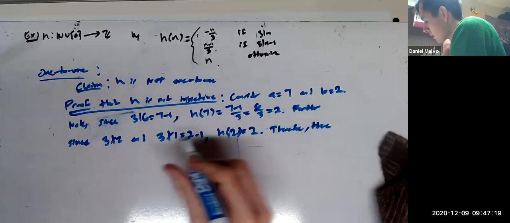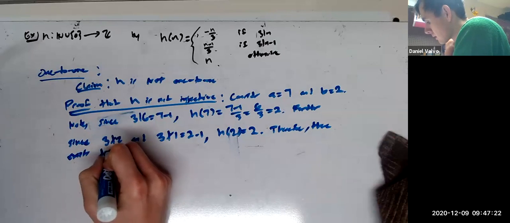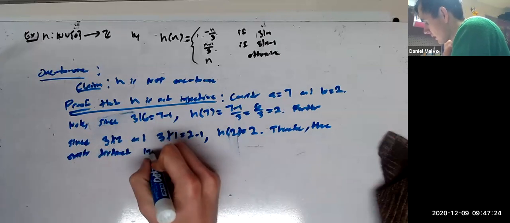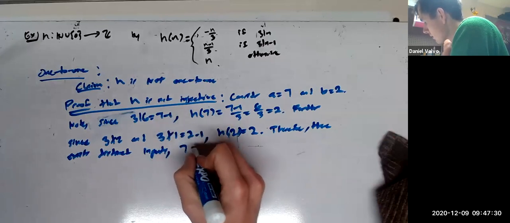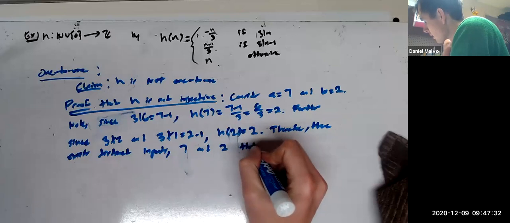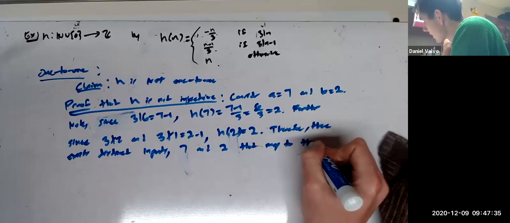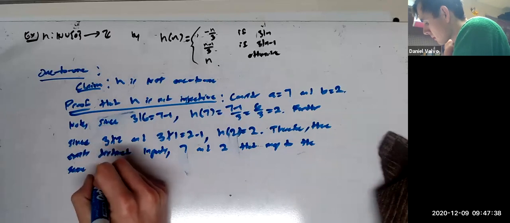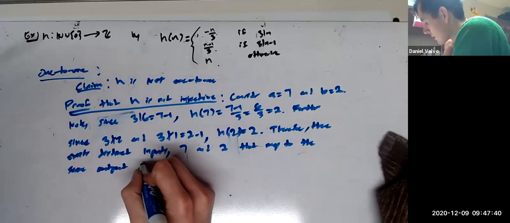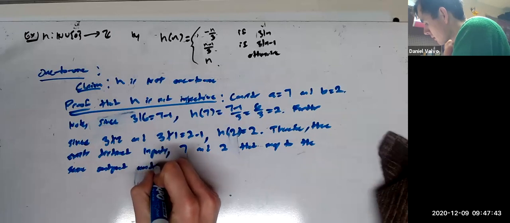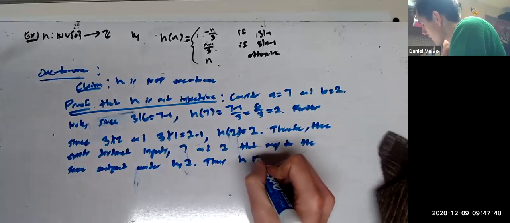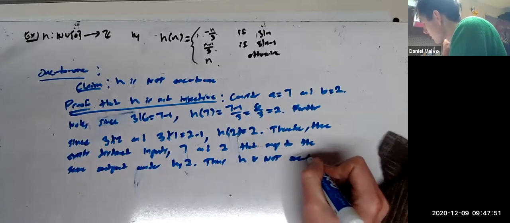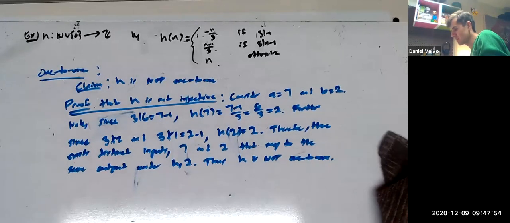Therefore, there exist distinct inputs, 7 and 2, that map to the same output under H, that being 2. Thus, H is not one-to-one.